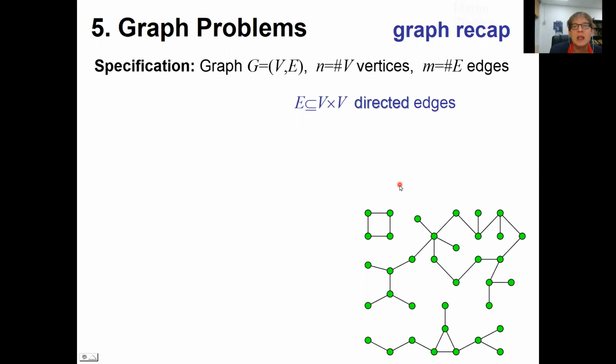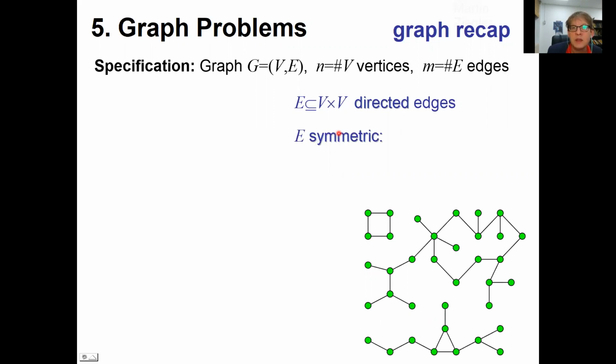So mathematically, the set of directed edges is a subset of the Cartesian product of the vertices with themselves, so that each directed edge is a pair of two vertices with the understanding that the first vertex is the start vertex and the second vertex is the target vertex.